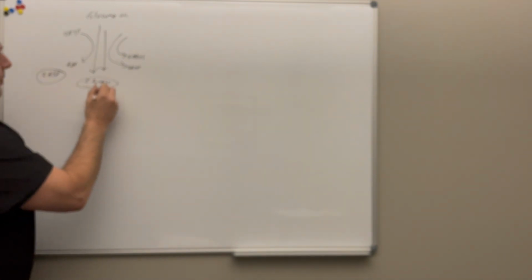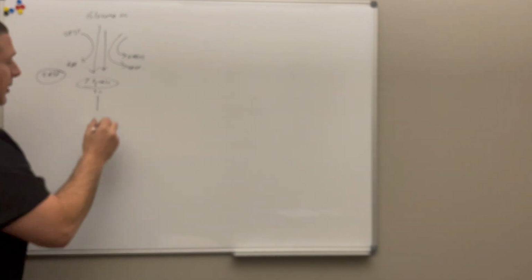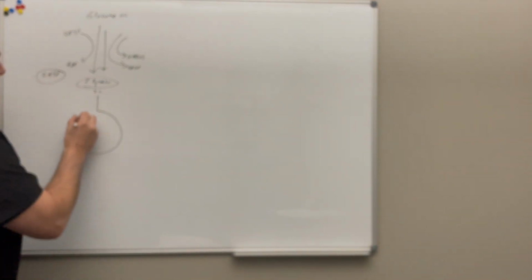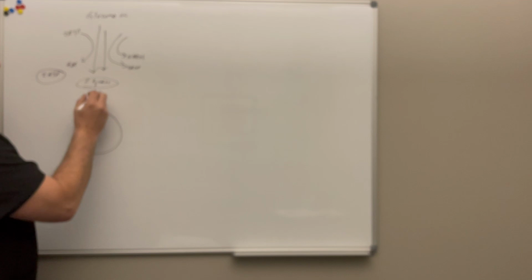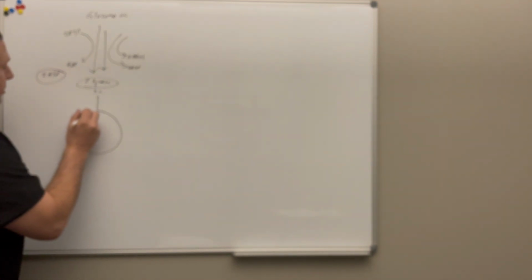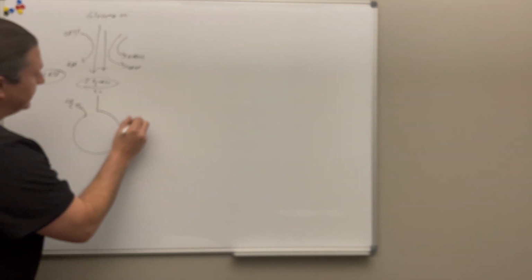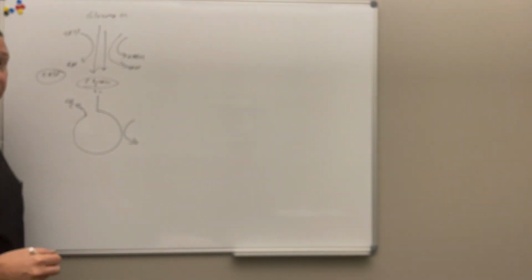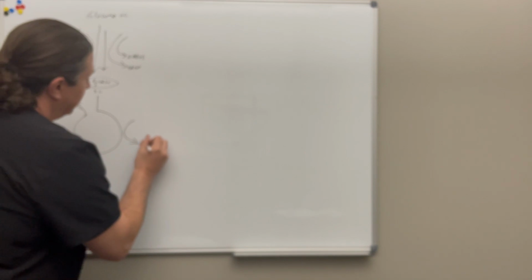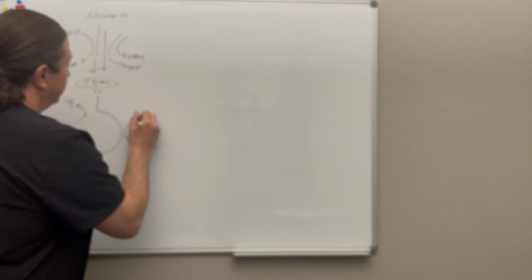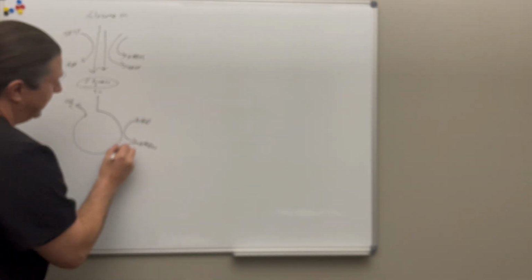After that, within the mitochondria, we go through another process called the Krebs cycle. The Krebs cycle is going to break these 3-carbon structures all the way down to carbon dioxide. In the process, no ATP is going to be produced, but we're going to be producing NADH and FADH.